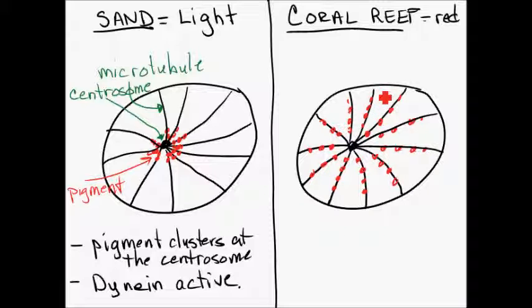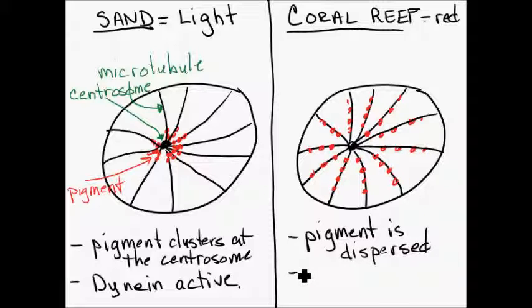This happens when the fish is over the red coral reef. It sees the red, this goes through their nervous system, and that is relayed to the cells. So in this case, the pigment needs to be dispersed, and it's got to be dispersed away from the centrosome. In order to do that, we need that plus end directed motor to be active, which is kinesin.